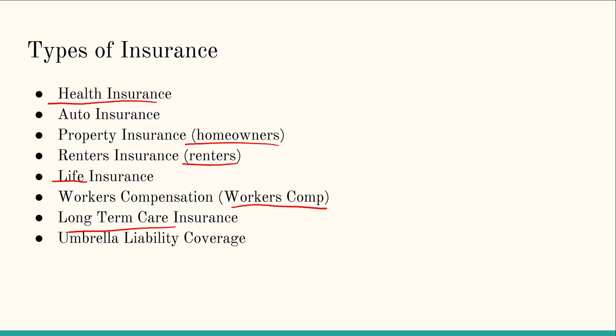Long-term care insurance is for when you're older and need longer-term care, if you have some kind of disability or disease that requires that; it's insurance that will cover that. And then umbrella liability coverage is liability coverage in excess of some other types of insurance. We're going to dive a little deeper into each of these in the subsequent videos.